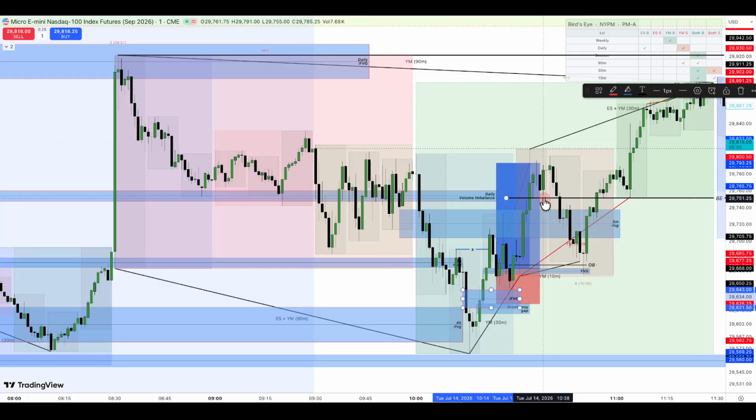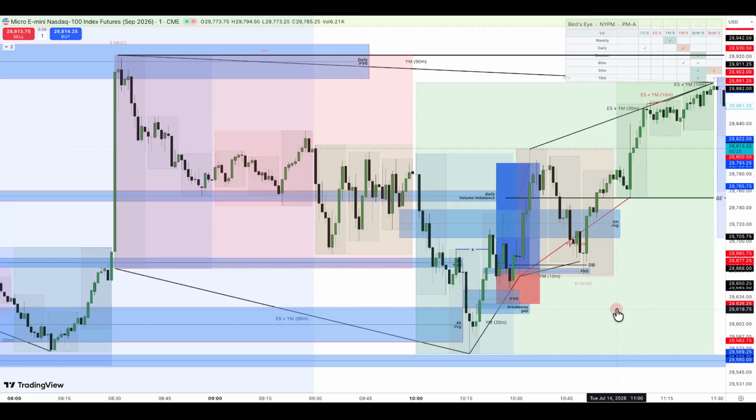And as price reached this, I didn't move my stop loss to break even, but right after price hit this level right here, which is my TP1, it also hit my TP2, closing the trade with this candlestick. So I was out and I was happy to end the stream.